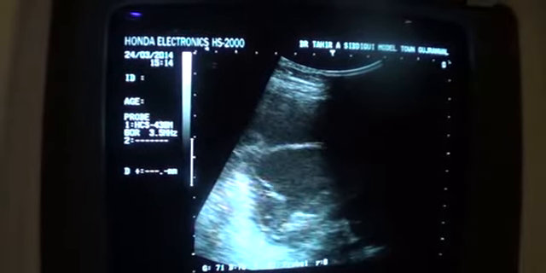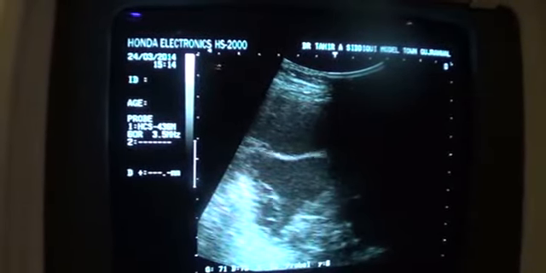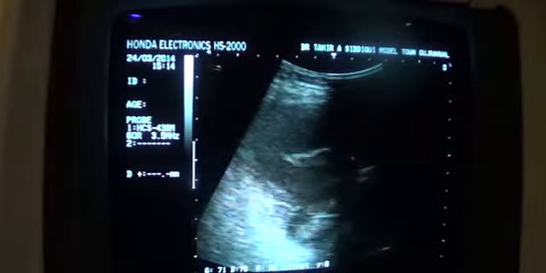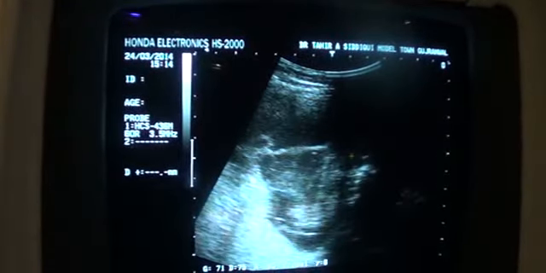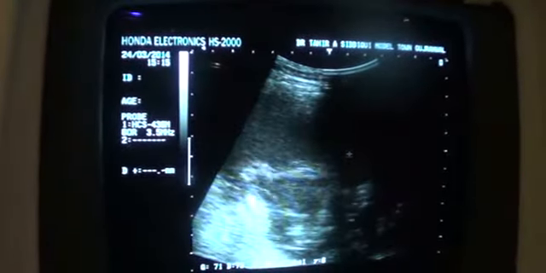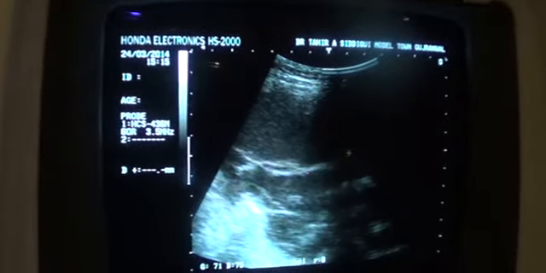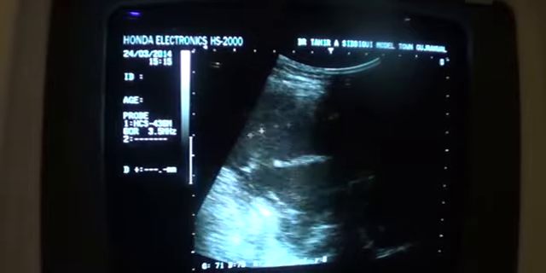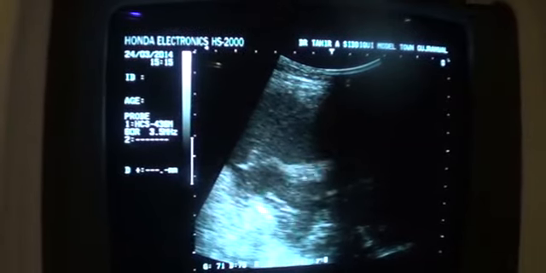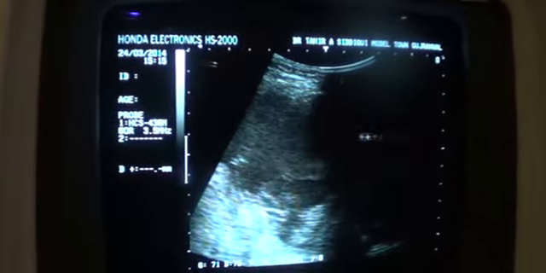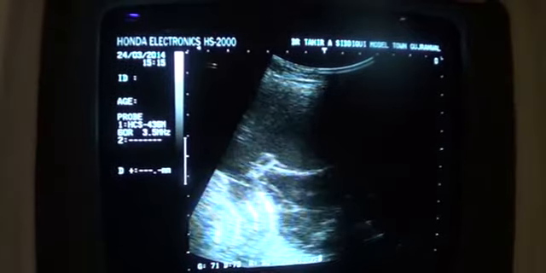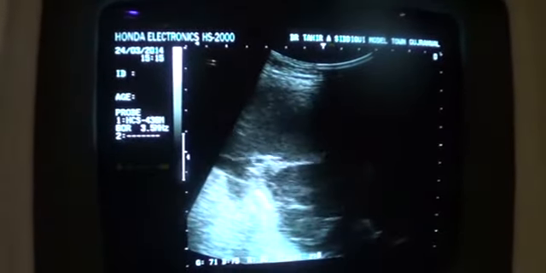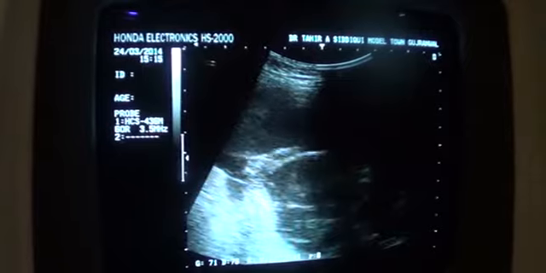These thread-like structures flapping around are the septa in the fluid. This is all fluid, but it's not as black as this area, so it's full of echoes. This is our case of the day. Thank you very much.